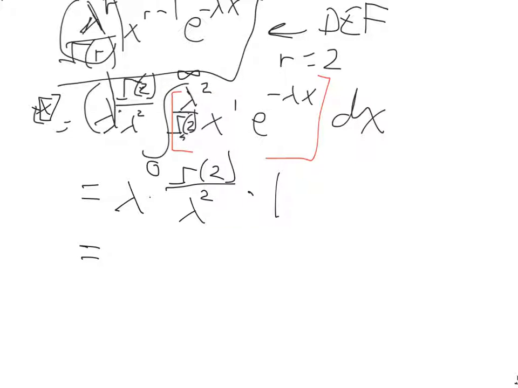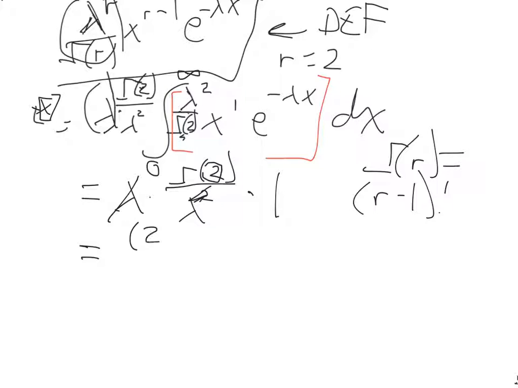All right, what's going to happen? Cancel this baby. Get that one down. What do I know about my gamma function? Well, I know that when the term in the parens is an integer, let me write over here, that when r is an integer, then my answer is r minus 1 factorial.